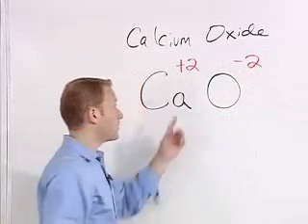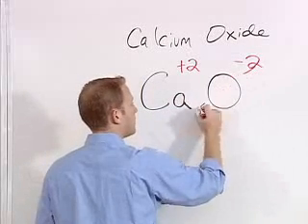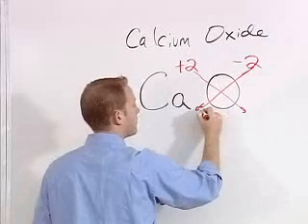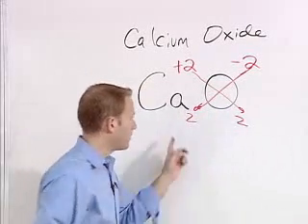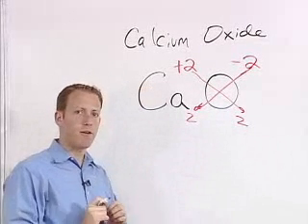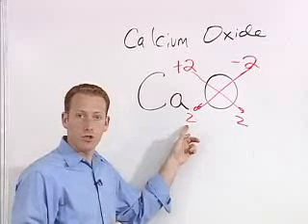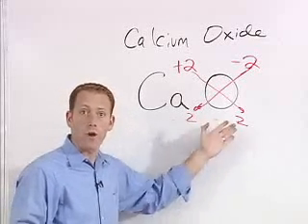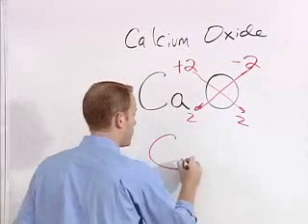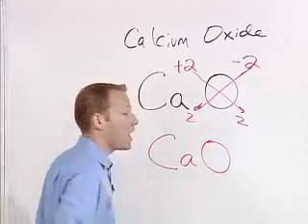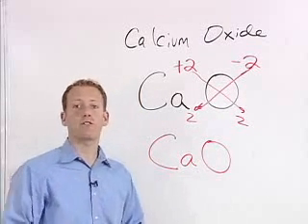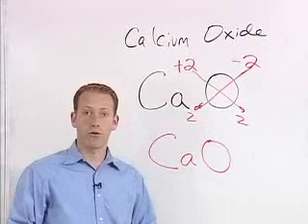Well, we crisscross and we get Ca2O2. But remember, I said it has to be empirical. This is not empirical. You can reduce 2 and 2 to 1 and 1. So this formula would be CaO.